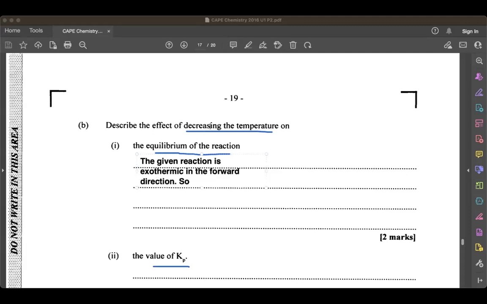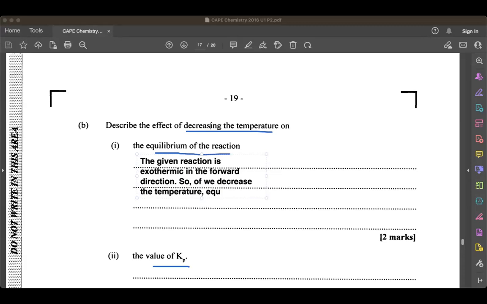So what that means is if we decrease the temperature, then the system is going to want to compensate for that decrease in temperature.